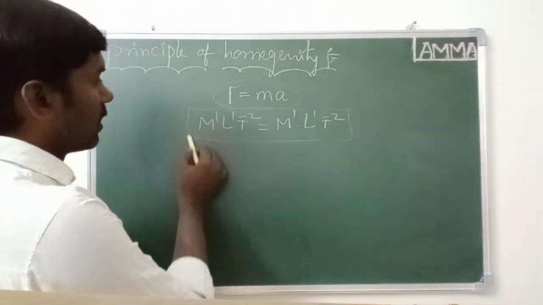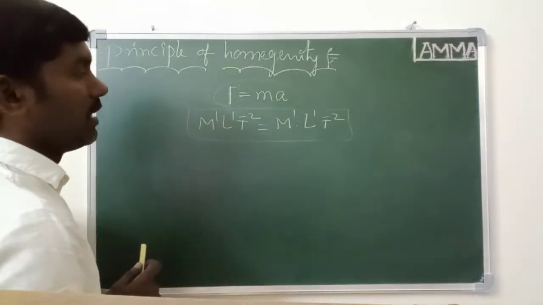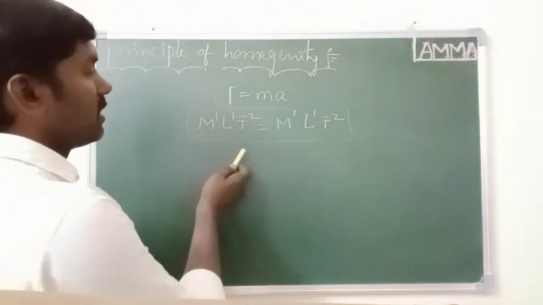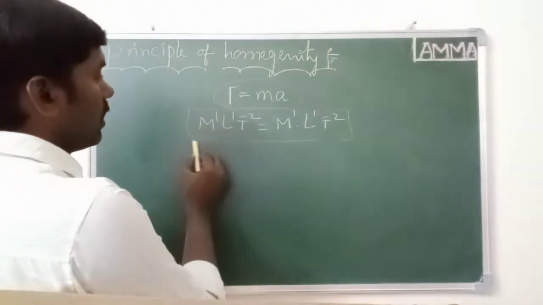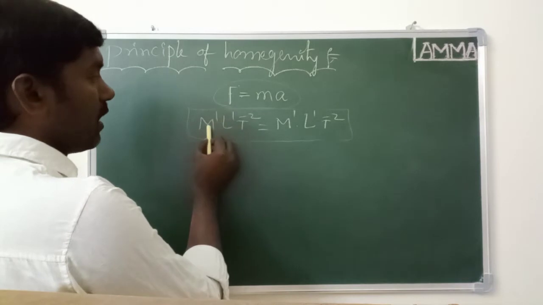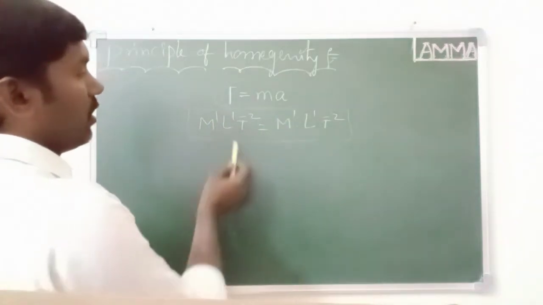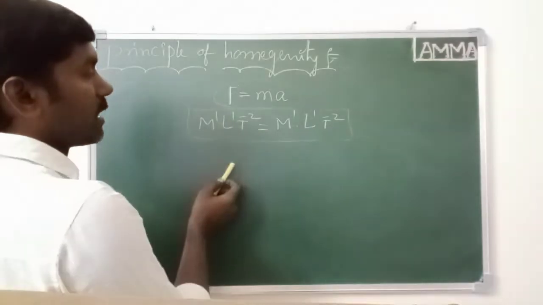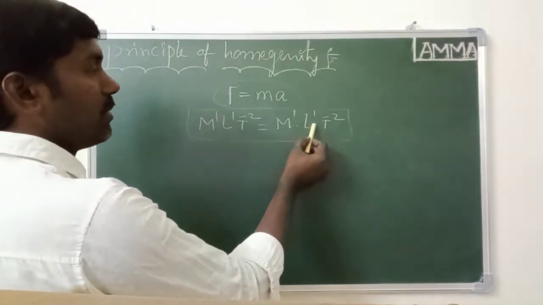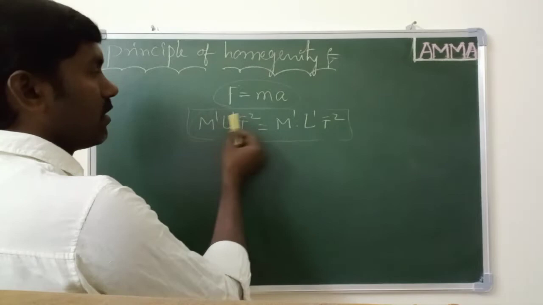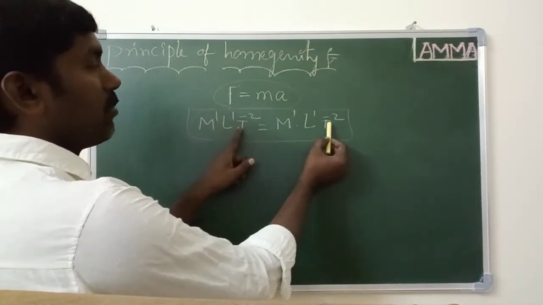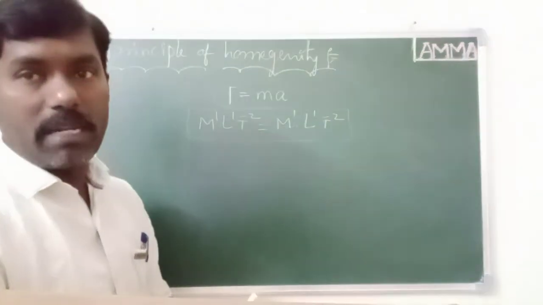In the case of mass, what is the dimension of mass in the left hand side? Plus 1. In the right hand side also plus 1. What is the dimension of length in the left hand side of the expression? Plus 1. In the right hand side, plus 1. The time also has the same dimensions.